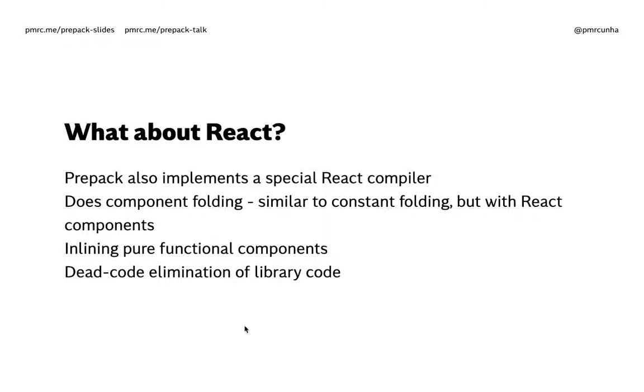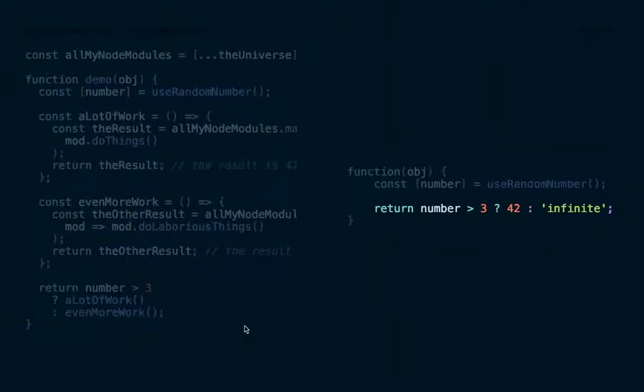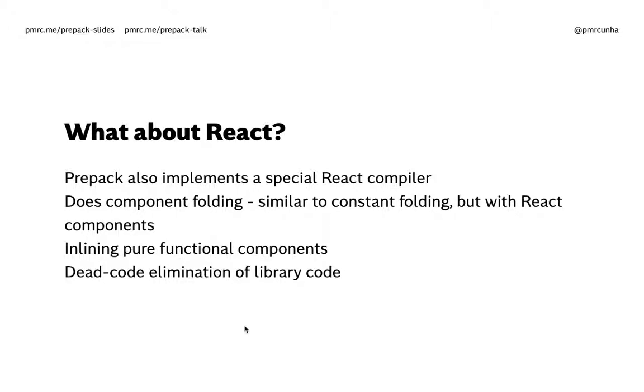So obviously this was kind of alluding to hooks, right? Prepack, besides most of the project being about JavaScript, also has a whole part which is a React compiler, and it's basically the same ideas applied to React. So there's this whole idea of component folding.